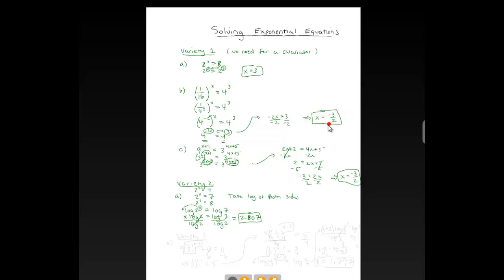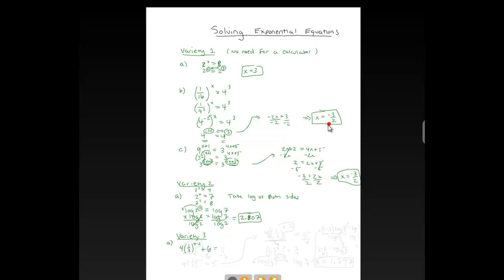What about variety 3? Variety 3 is basically like variety 2, but it's kind of like upping the ante and throwing at you everything you've come across in your math solving experiences all at once.